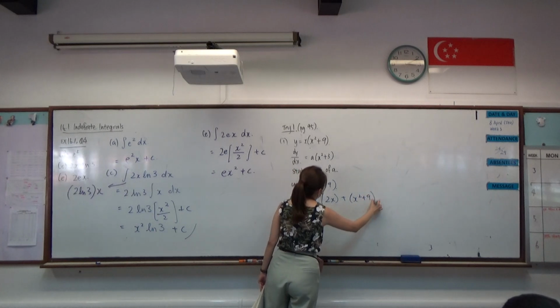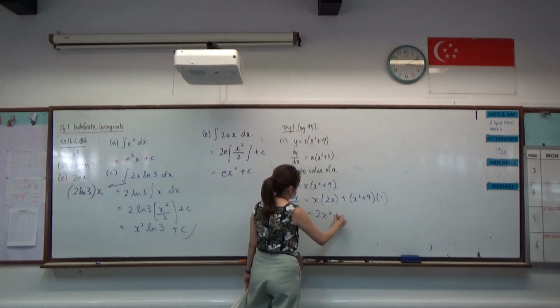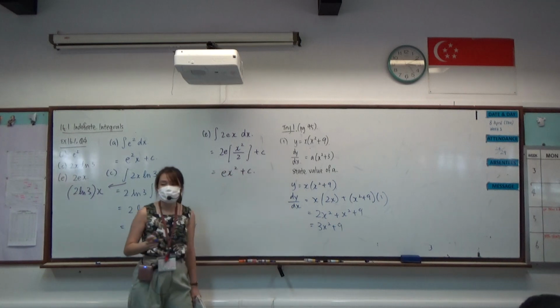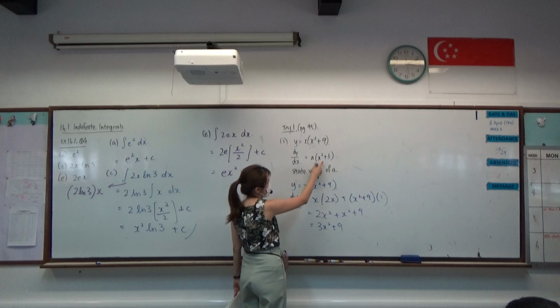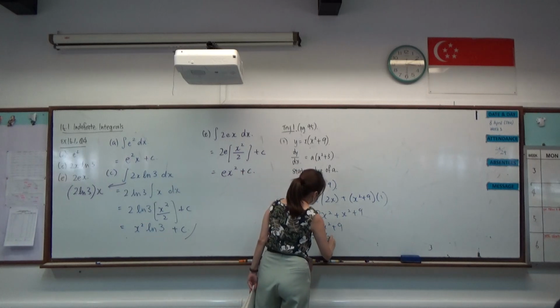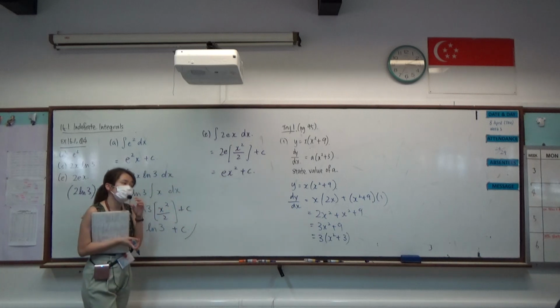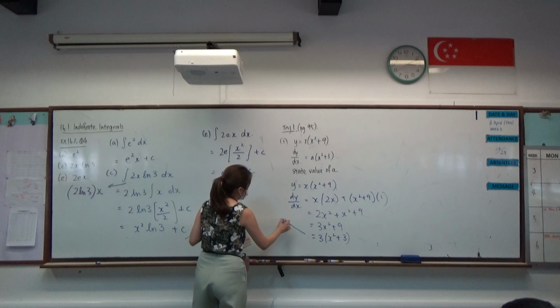Keep right, differentiate left. We will get 3x squared plus 9. But the question has it in a certain form, so we have a times x squared plus 3. So we get 3 bracket x squared plus 3 as our answer, and therefore a is equal to 3.